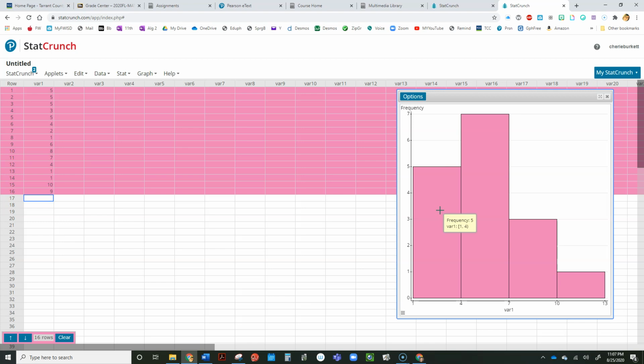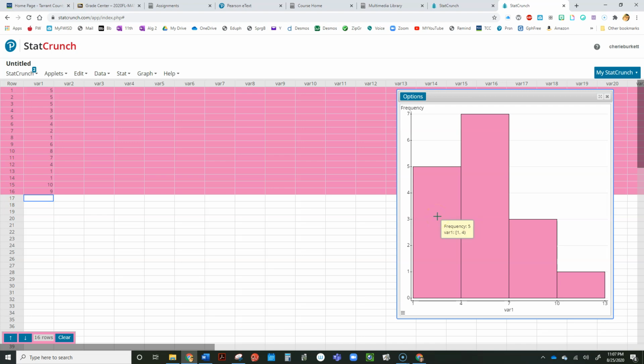Okay, so if the boundary is at 4, then where does the number 4 go? Does it go in the first bin, or does it go in the second bin? Because if this line right here is exactly at 4, then where does 4 go?